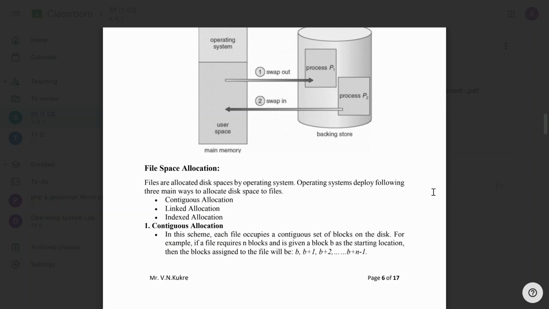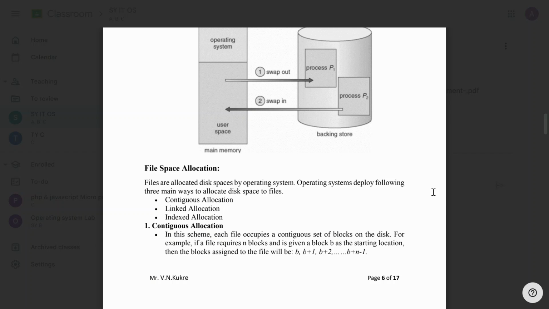Contiguous allocation, as we know, is nothing but a continuous memory space allocation. In this scheme, each file occupies a continuous set of blocks on the disk.